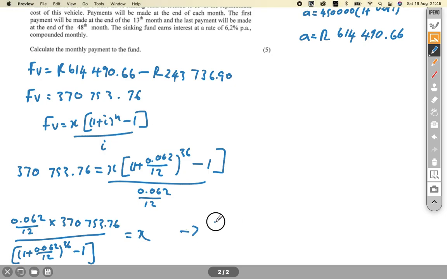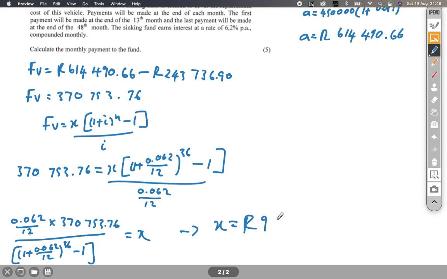Then you would find that x is 9,397.11. So this is the amount that has to be paid into the sinking fund each and every month.